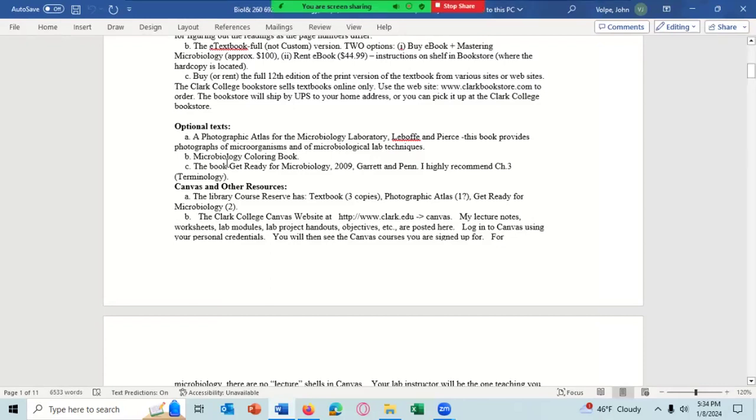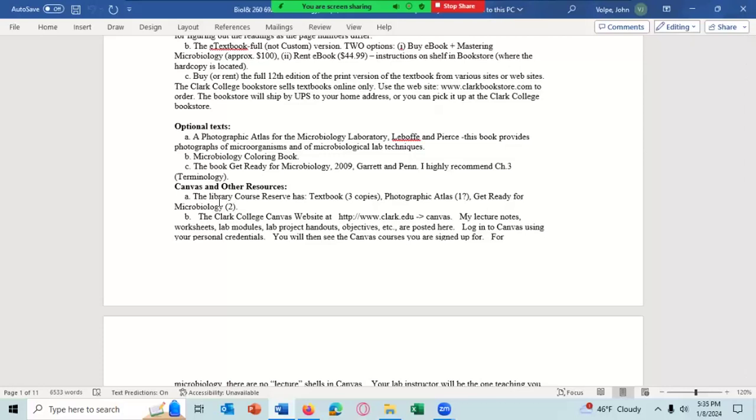And then there's a microbiology coloring book. It helps you learn. And then the book, Get Ready for Microbiology. They're all good, but they're optional. And I believe the bookstore sells them.